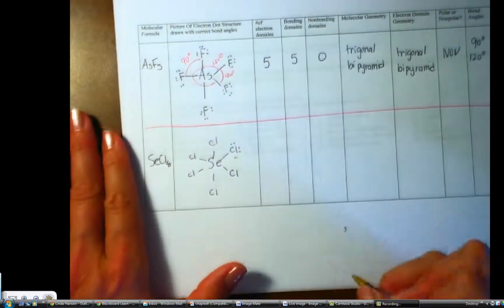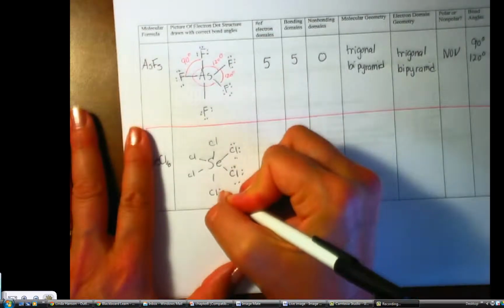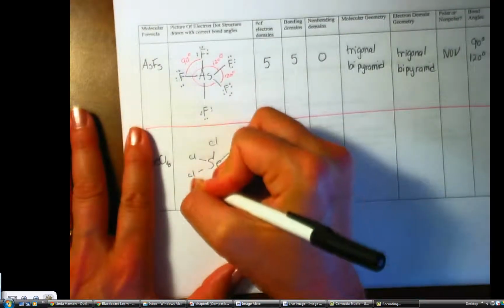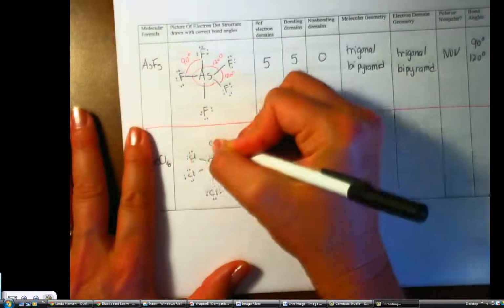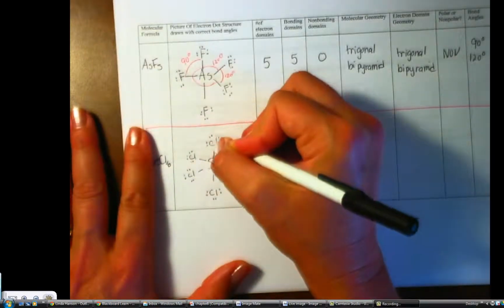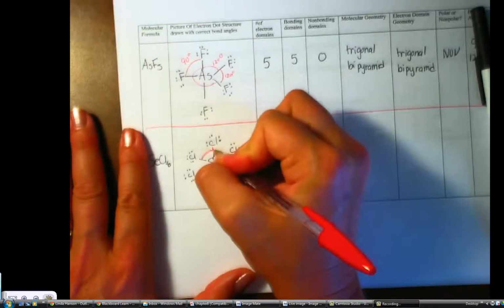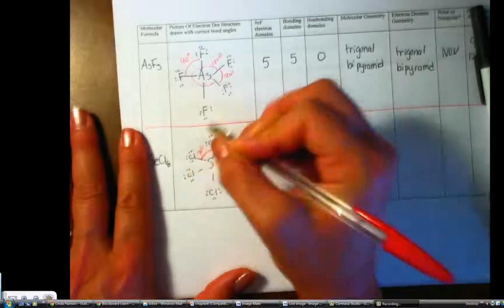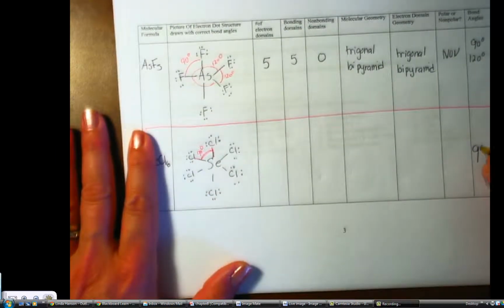Please make sure you did the same. Same thing for the chlorine. I have to have the same number of dots as we were instructed to place based on counting valence electrons. There we go. And each direction, it doesn't matter where, they're always 90 degrees. Any between there, you'll find that they're 90 degrees.